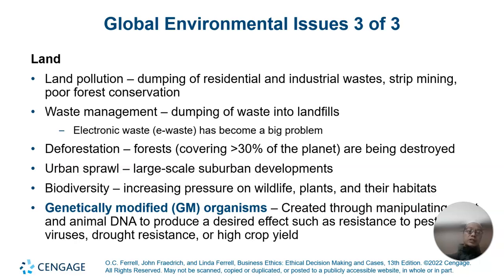With regards to land, there's also the issue of biodiversity. Through the actions of human beings, it disrupts the biodiversity of a particular habitat. One area naturally has native plants and native wildlife. However, when humans interfere with that habitat, then the diversity of the animals and plants is disrupted.